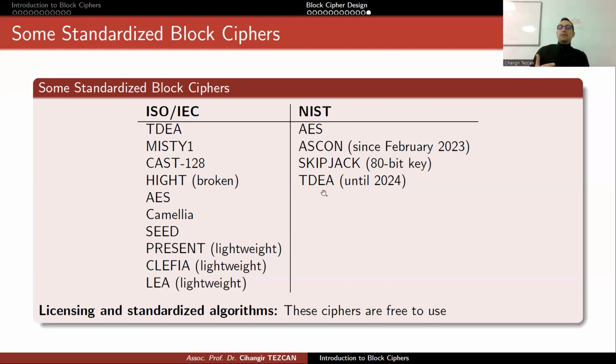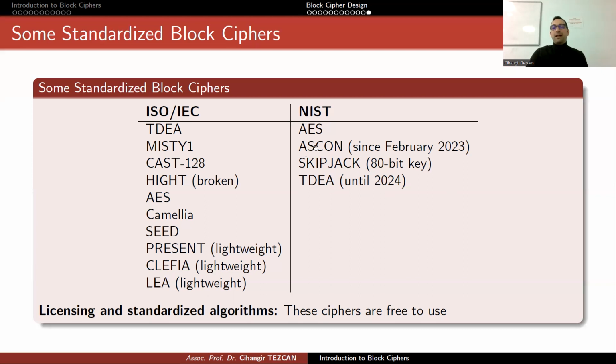Although NIST said that they will support 112-bit security until 2030 and more, they say that they will not be supporting Triple DES after 2024. But the strange thing is that many credit cards actually use this algorithm in contactless payments. So I don't know what will happen when you try to use them in the United States after 2024. So we will wait and see.